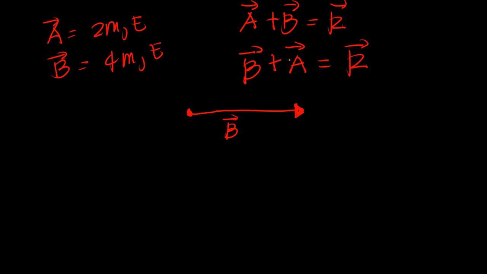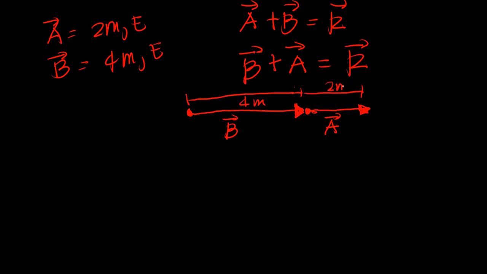So the second vector, when we operate, is connected to the head of the first. If this is 4 meters, the second should be realistic, just half of that. So this is your vector A.